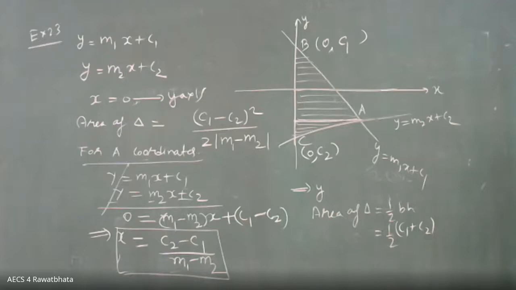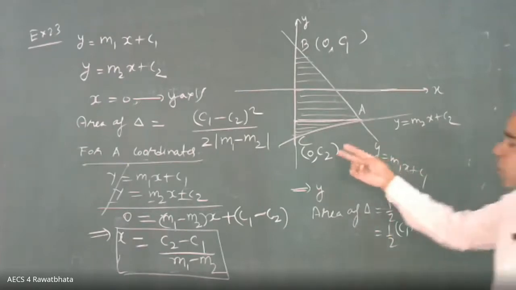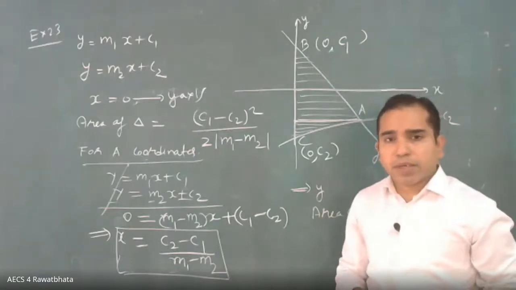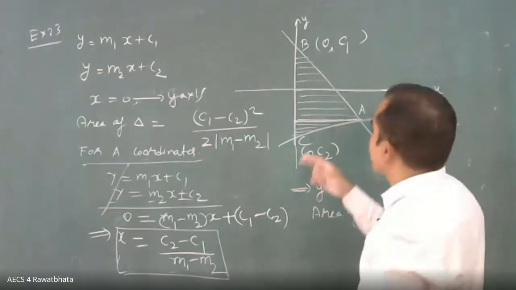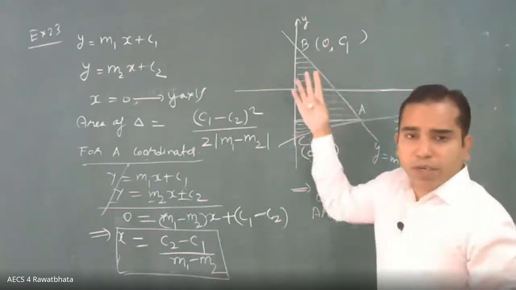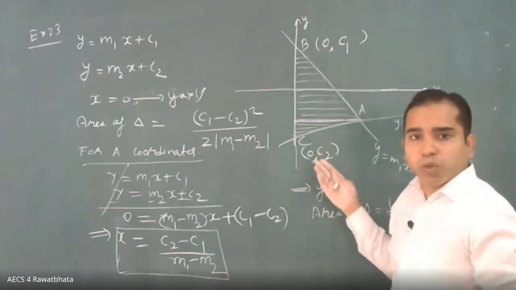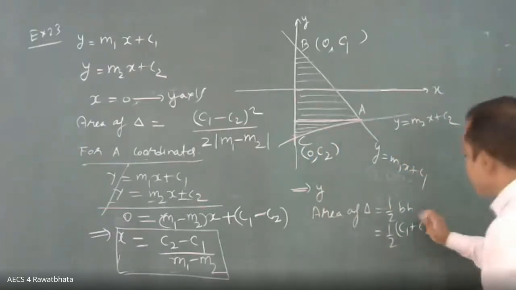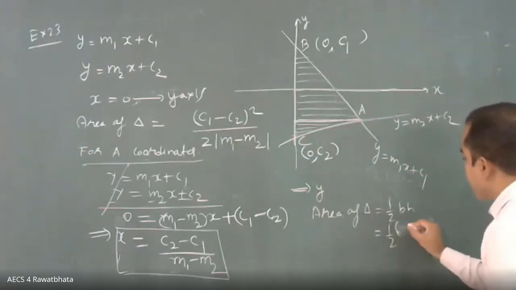I have taken C2 on the negative side, but it is not necessary that the value of C2 is negative. In general, suppose both are positive, then we will take it on one side only. Whatever its own sign, actually if you have to find the distance in between, it will be C1 difference C2. We will take the magnitude later.